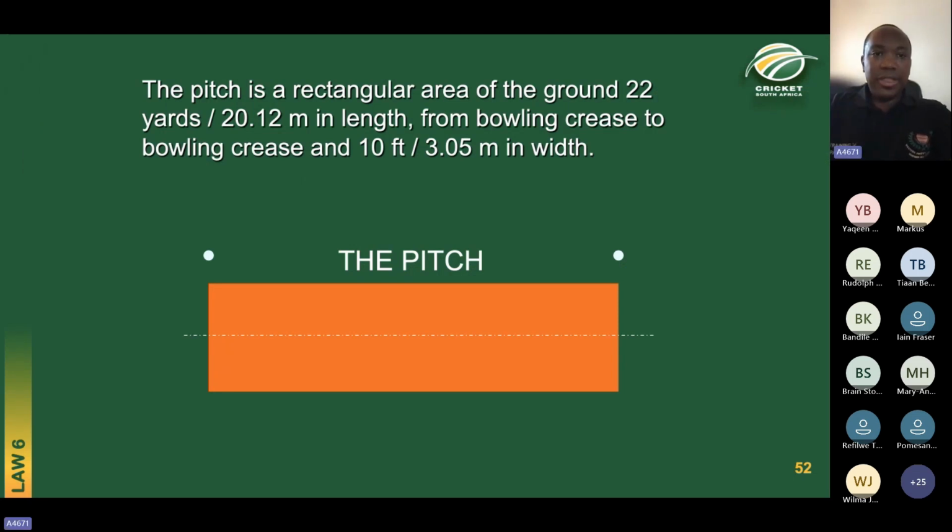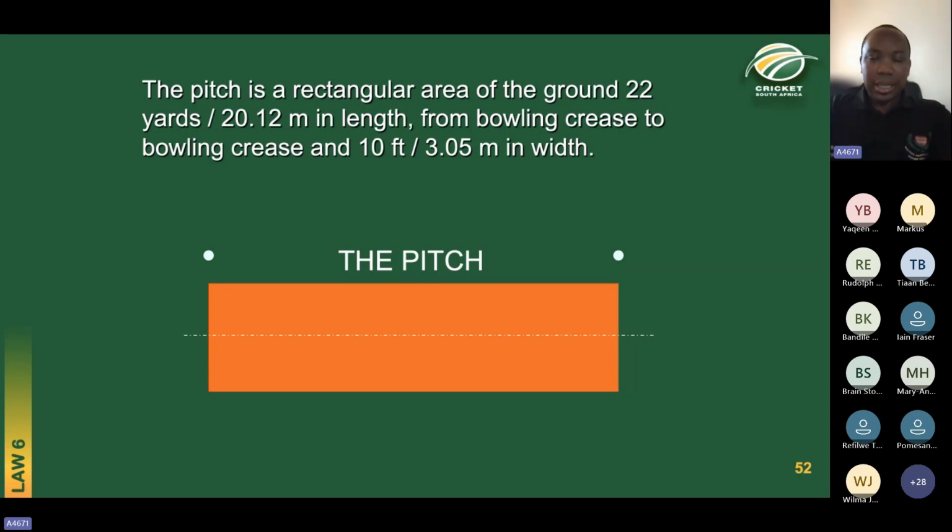I'm sure we all know that the pitch is a rectangular area of the field, which is 22 yards or 20.12 meters in length from bowling crease to bowling crease, and 10 feet or 3.05 meters in width.